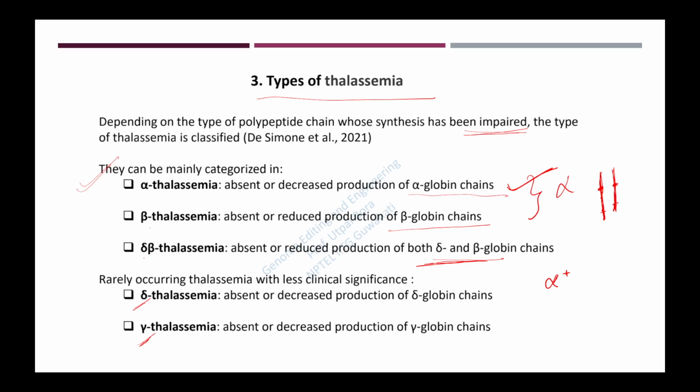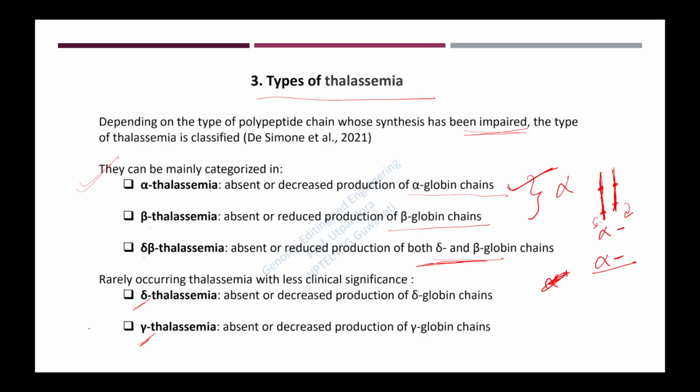If on one chromosome the alpha gene is intact, the subunit that codes for alpha is intact, however on the other it is deleted, then from this chromosome you will get alpha production, but from that one you will not. So that is one type of alpha thalassemia, alpha minus.